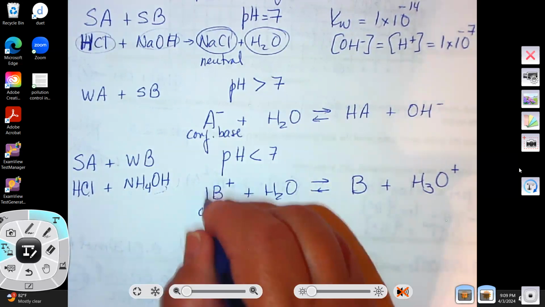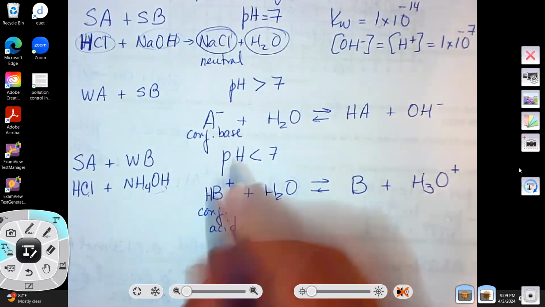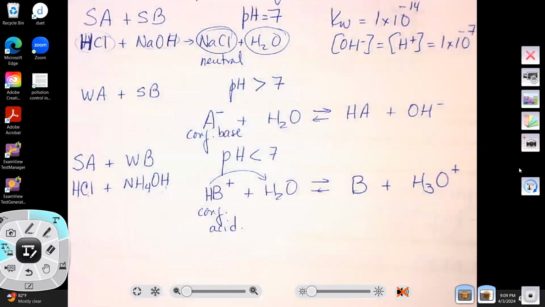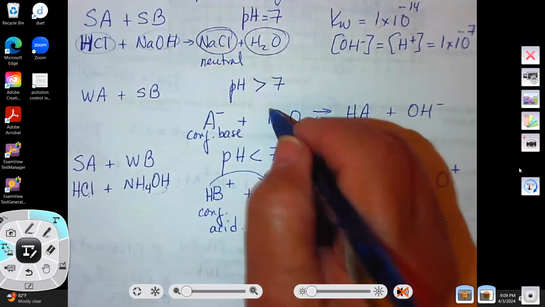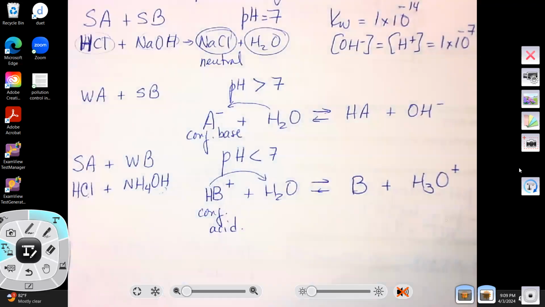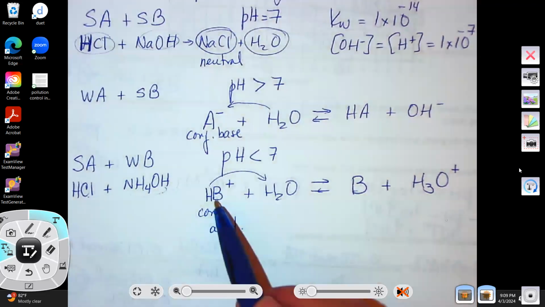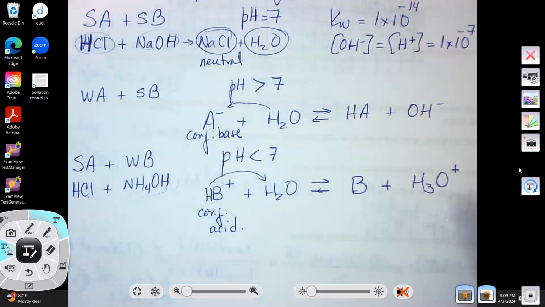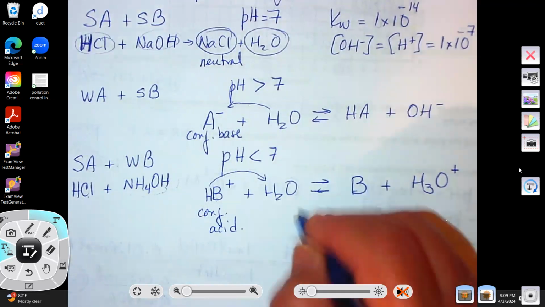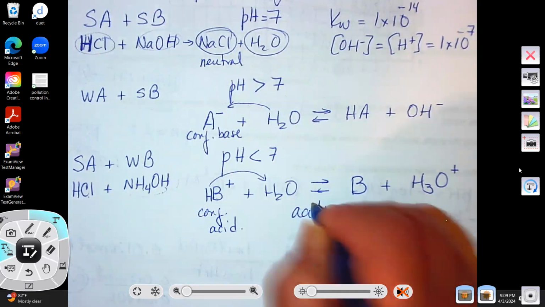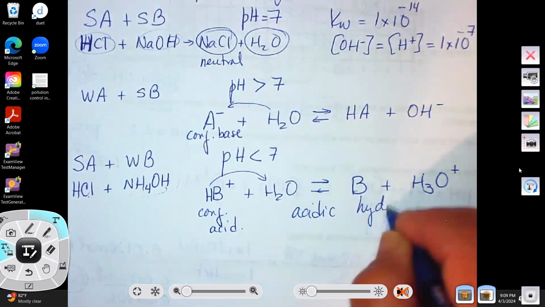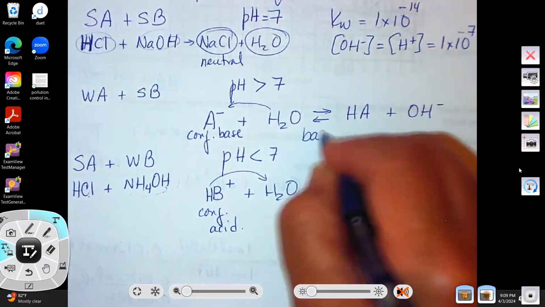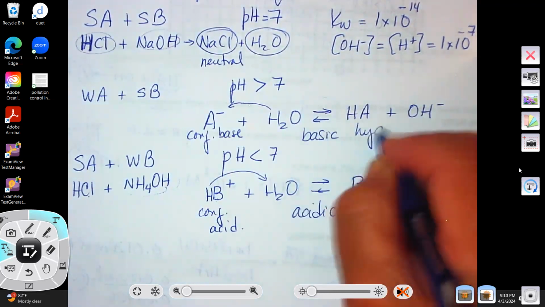Okay, so let's say that this is HB plus, so it's going to donate H plus because that's what acids do. They're going to donate to water. Here, the base is going to take away from water. So here, the conjugate acid is going to donate to water, and it's called acidic hydrolysis, while in this case it is basic hydrolysis.